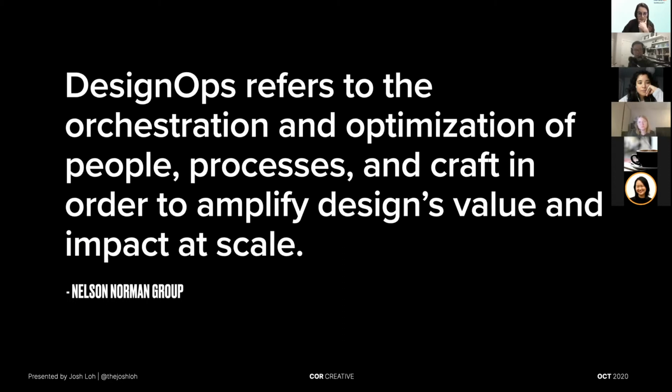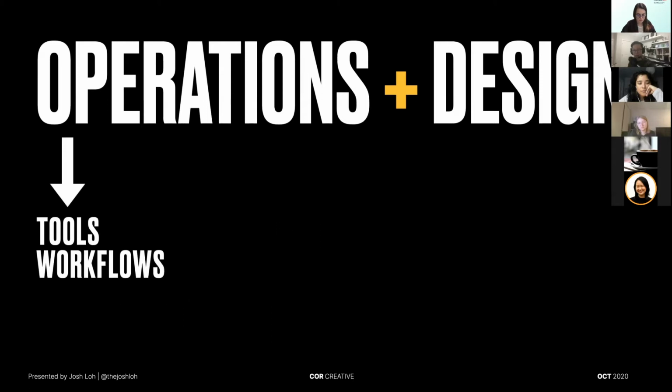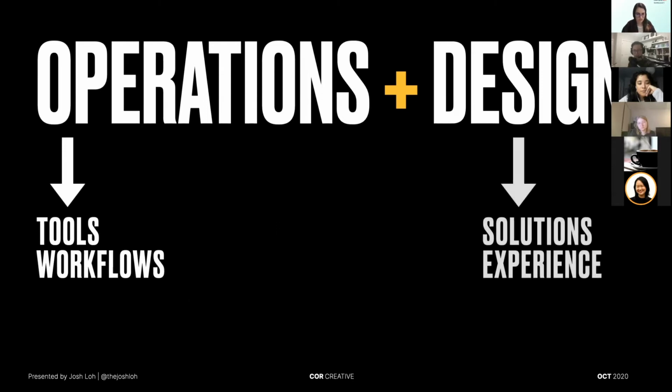There are tons of definitions out there, and they vary depending on the size of the organization and the goals that they have. But for me, this is my definition. It's essentially operations and design. I'm oversimplifying it, but at the end of the day, operations revolves around 2 main things: the tools and workflows. And design is all about creating solutions to problems, and doing it in a way that has a positive experience.